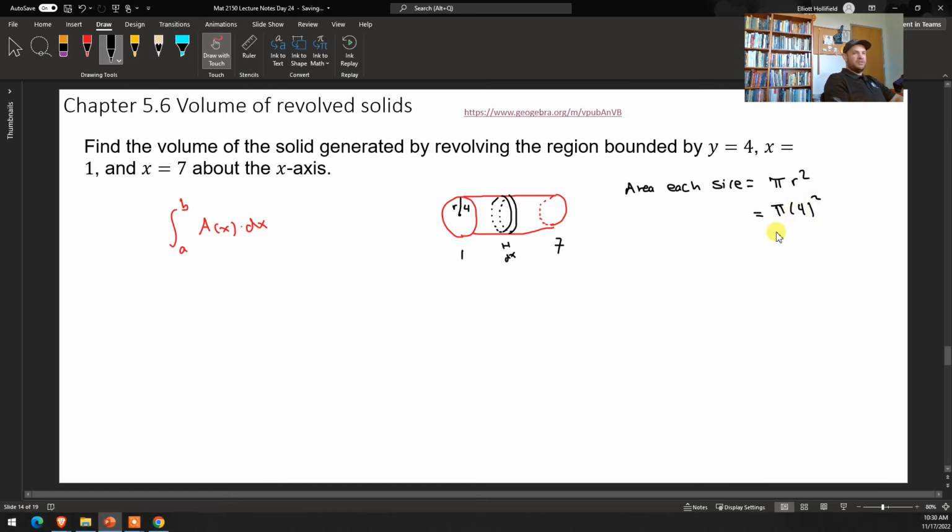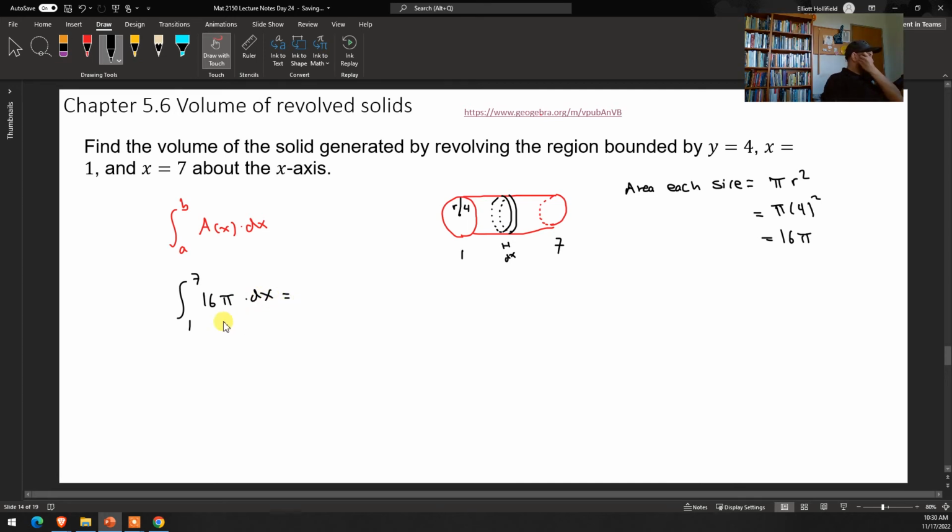The radius is 4, and we get 16 pi. So now that turns our integral into the integral from 1 to 7 of the area of each slice, it's 16 pi, multiplied by the thickness dx.